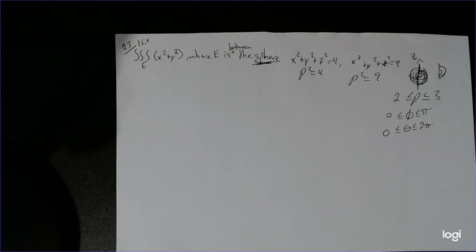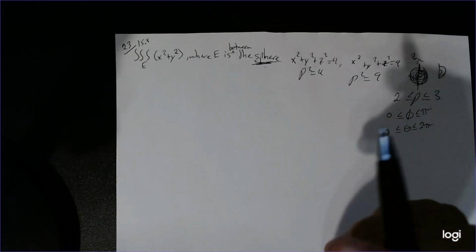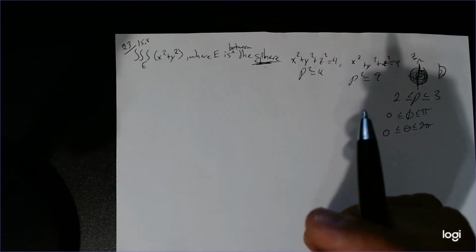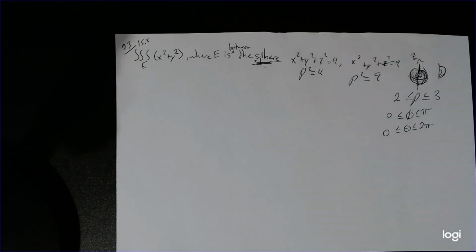Okie dokie. So now comes the hard part. And my mind is x squared plus y squared. I wish it was just rho, but it is what it is.